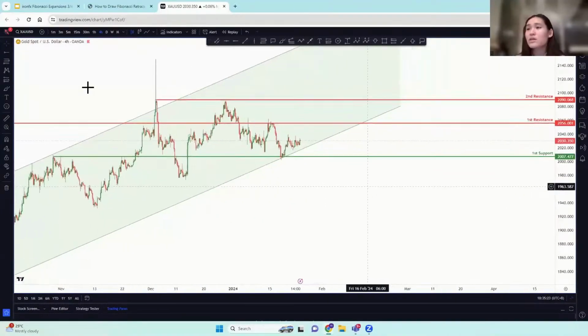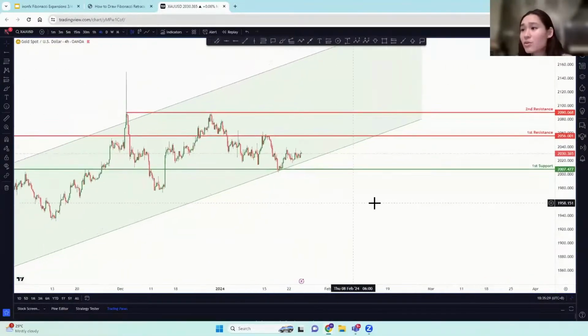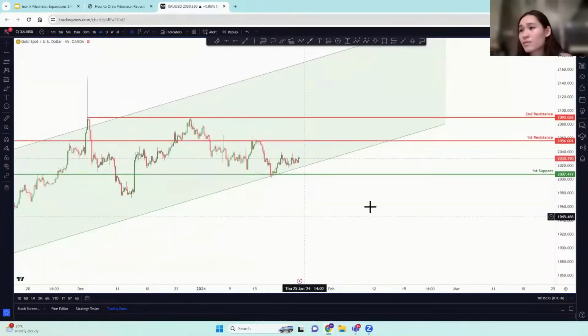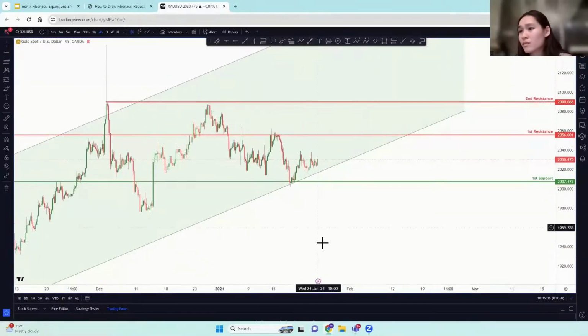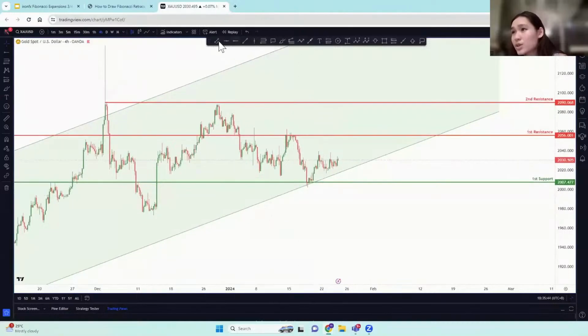Okay, let's go in with some Fibonacci levels. So starting off, let's go in with a projection.